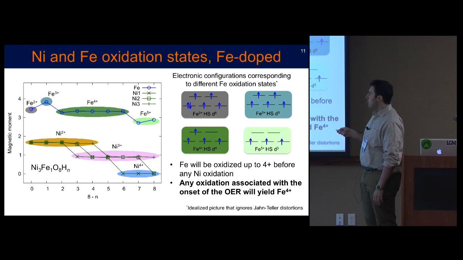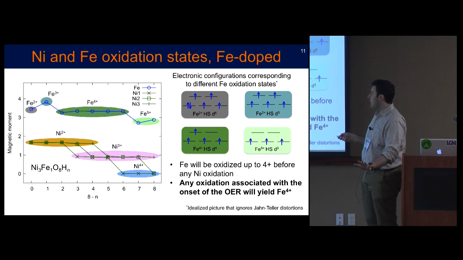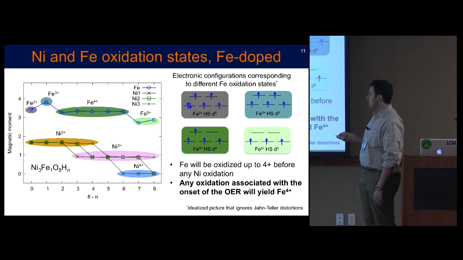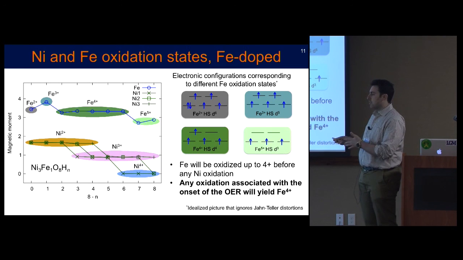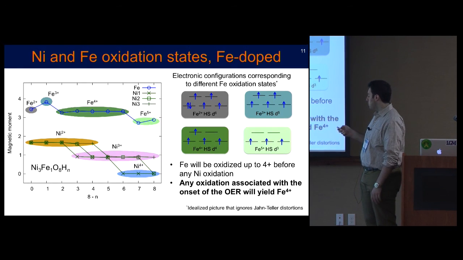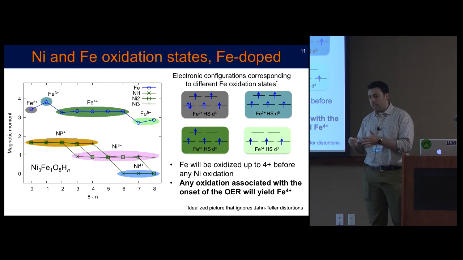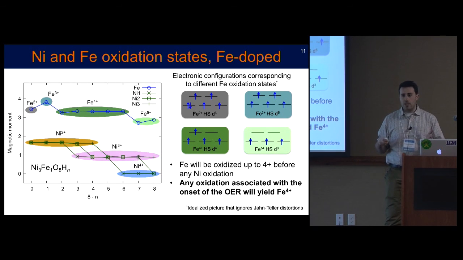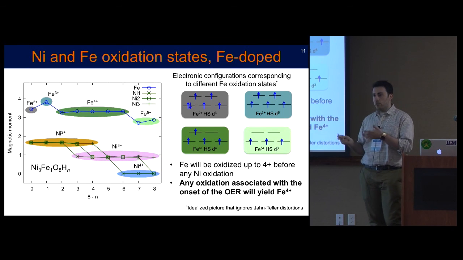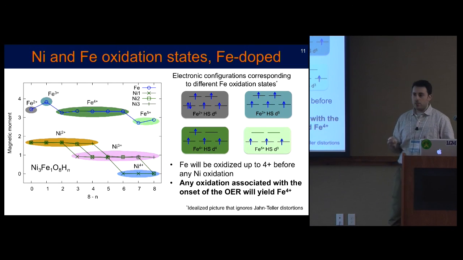And then those 5 red numbers I showed you alongside the cyclic voltammogram are representative of these 5 vertical slices of the plot here, all of which contain iron in the 4 plus oxidation state with a coexistence, and of course, because of the redox potentials, they're thermodynamically very close in energy, of nickels between the 2 plus and 4 plus oxidation states. But the rub here is that any of those oxidations associated with the onset of catalysis for the iron-doped system will give you iron in the 4 plus oxidation state, which seems to corroborate the Operando-Mossbauer experiments that our collaborators had done previously.